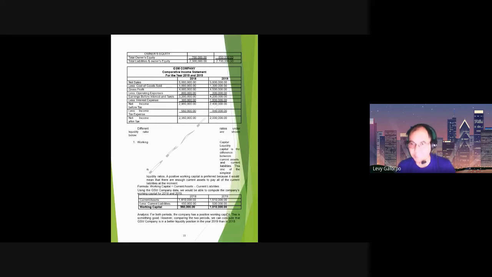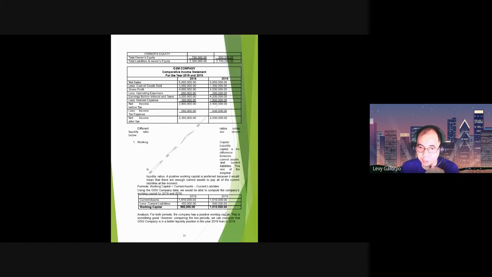Ayan, working capital. Okay? Paano na nga ba yung working capital, di ba? Current assets minus current liabilities. Okay? Yun yung formula niya. Mula dito sa 2018 at 2019, nakuha natin ang working capital na 960,000 sa 2018, tapos yung 2019 ay 1 million mahigit. Ano ang analysis dyan?